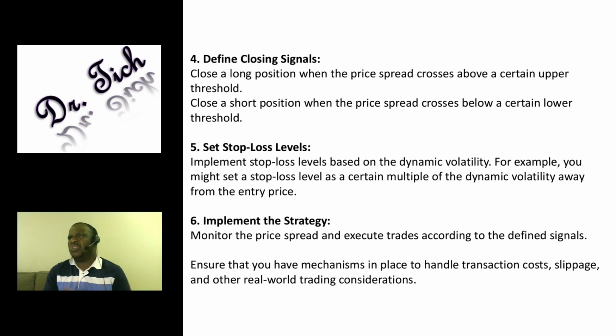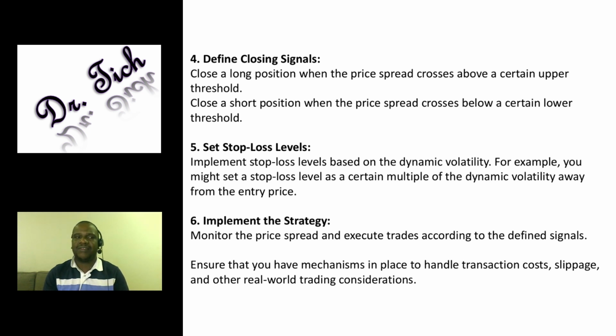And how do you determine those thresholds? Honestly speaking, this is related to the data, to the type of stock that you're dealing with, and all the other market factors. But again, you need to set a stop loss level. So implement stop loss levels based on the dynamic volatility.